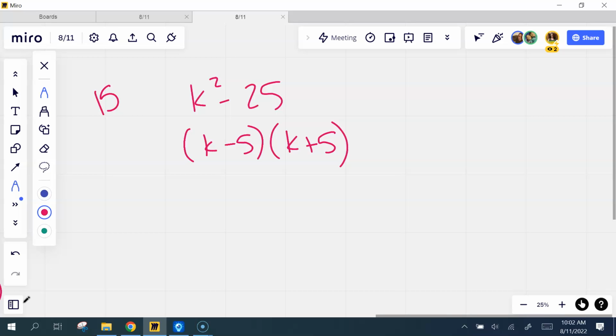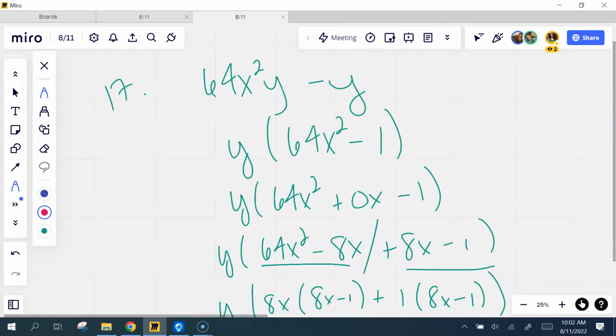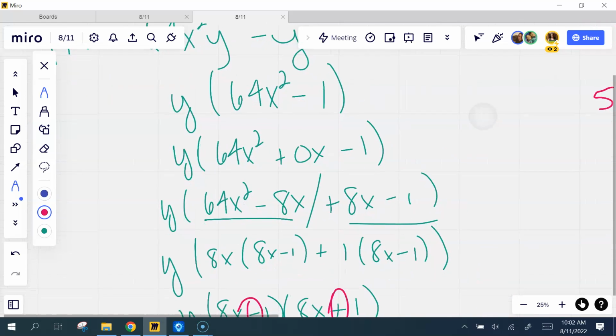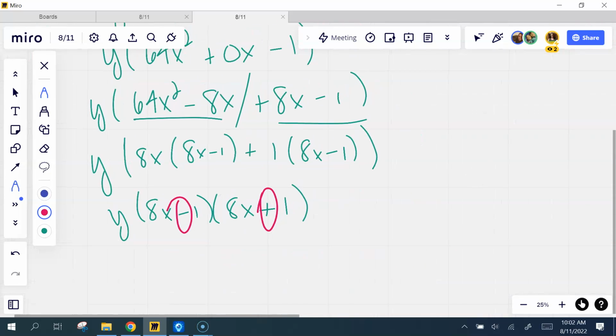But do you see, I can still group it. I can still throw that 0k in the middle and slash it, but it'll happen. Look back at number 17 we did. We did that one the long way, but we still came back to 8x minus 1, 8x plus 1.